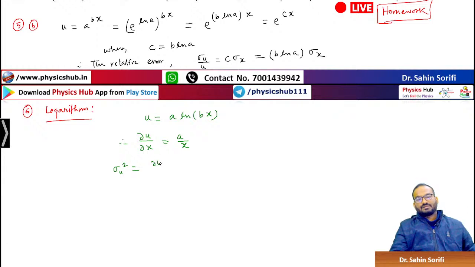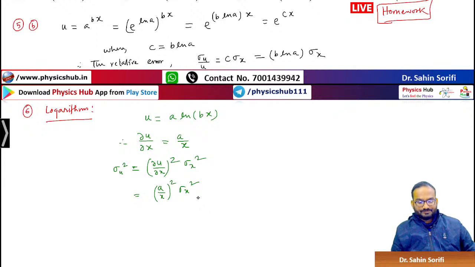Sigma u square is equal to del u by del x whole square sigma x square, that is a by x whole square sigma x square.